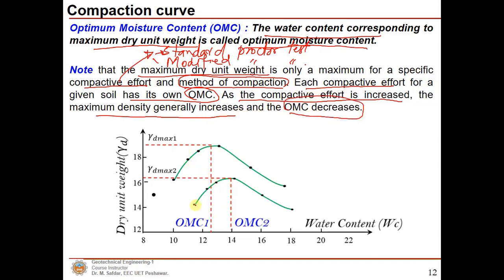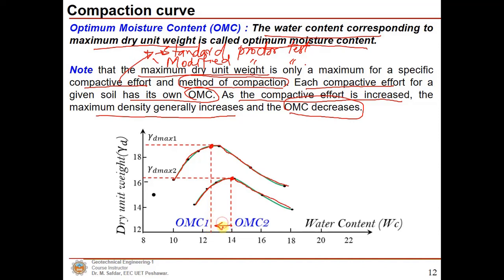As you can see here, if we take this compaction curve obtained from the standard Proctor test, and now we perform the modified Proctor test, in which the weight of the rammer, the height of fall, and the number of layers are changed, you can clearly see that the gamma d, or the maximum dry unit weight values, are different, and even the optimum moisture content values are also different.